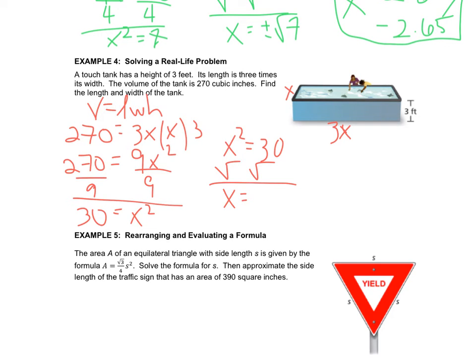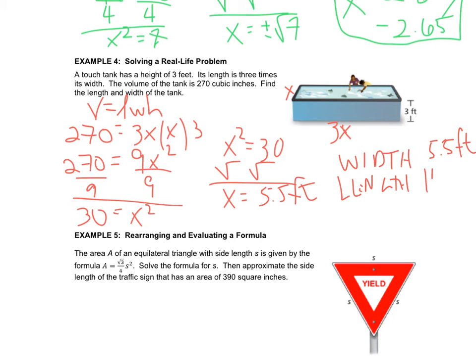And the square root of 30 is approximately 5.5 feet. So that's the width. They also are asking for the length. And the length is simply 3 times that amount, or 16.5 feet.